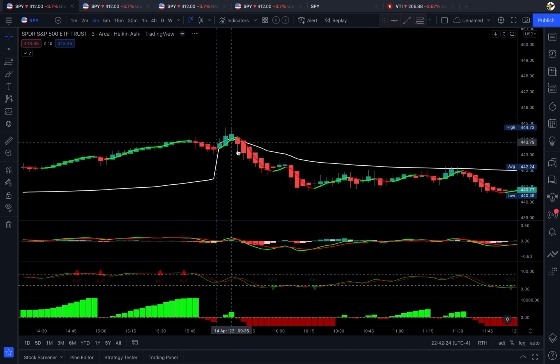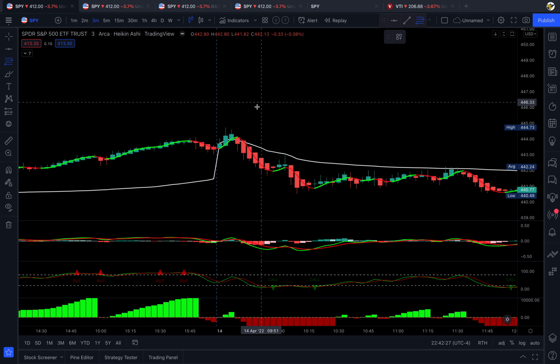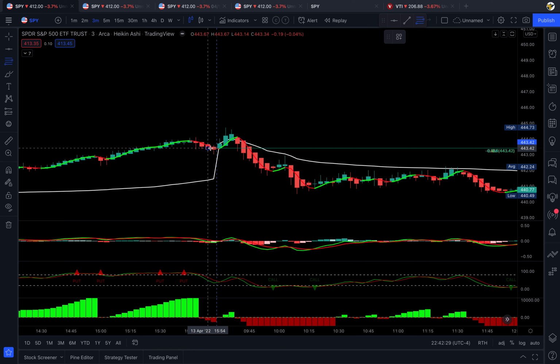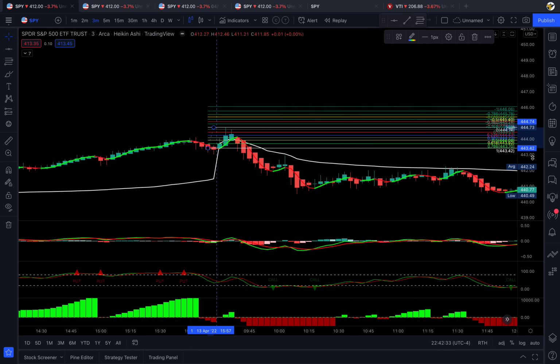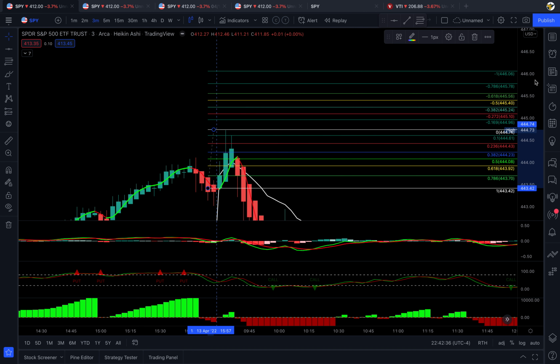All right, so this one here. The 3 minute candle breaks, or the second candle breaks that first additional 3 minute candle. So you would get in at that break point, and then your profit would have been up to you.